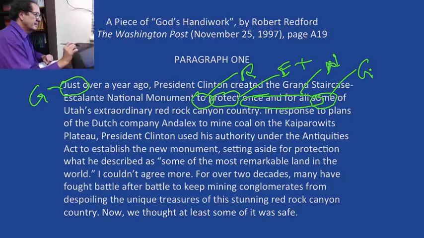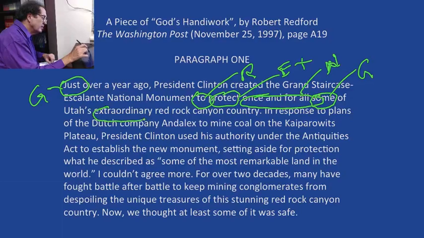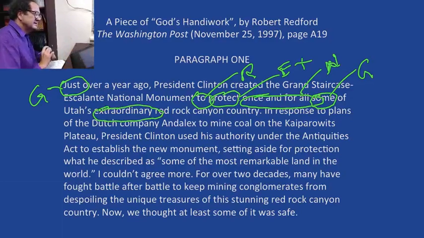Now, Utah's pretty neutral. Unless you're from that state, then you love it, and you might say that's an evaluative word, but let's skip that group of people right now. Extraordinary. What about extraordinary? Is that an evaluative word? It might seem to be an evaluative word because clearly what Redford means is extraordinarily beautiful or extraordinarily good Red Rock country.